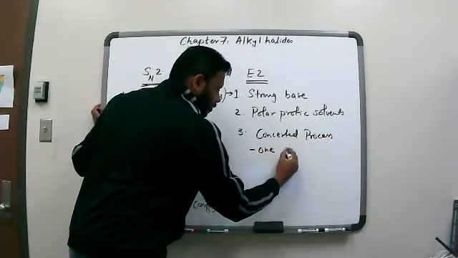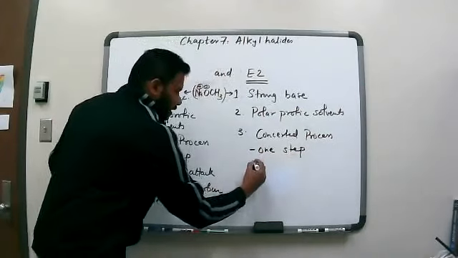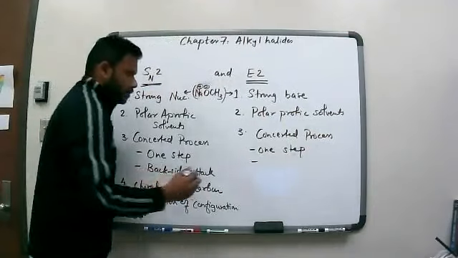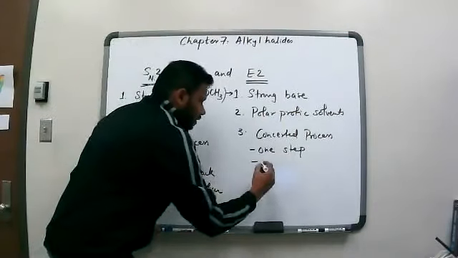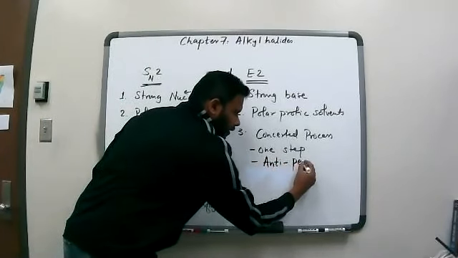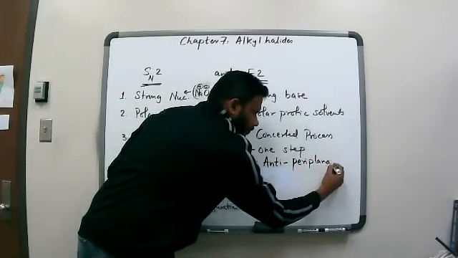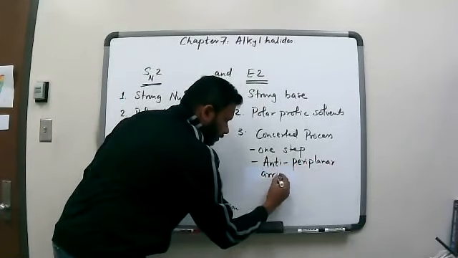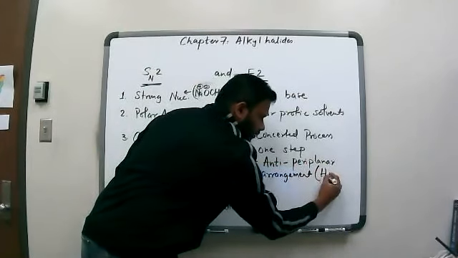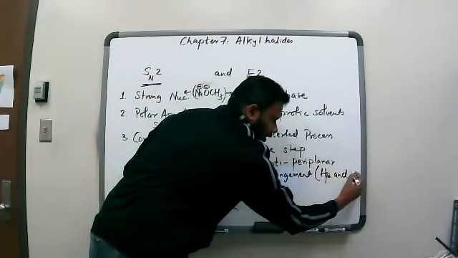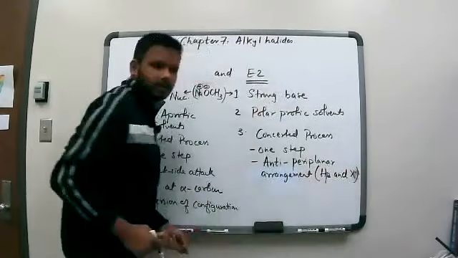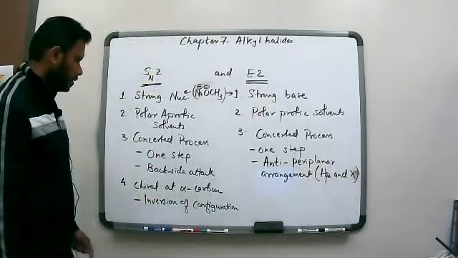So it is one step, and in terms of mechanism, remember that this involves, or this requires, an anti-periplanar arrangement as far as the beta hydrogen and X, the halogen, are concerned, okay?